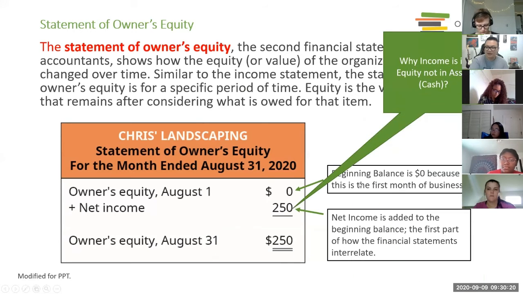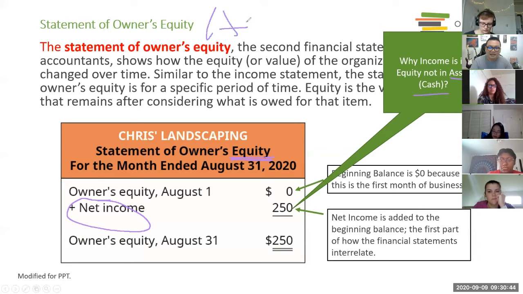Okay, so can anyone tell me why the income is in equity, not in the asset, not belonging to the cash in asset? If you still recall, asset is equal to liability plus equity.